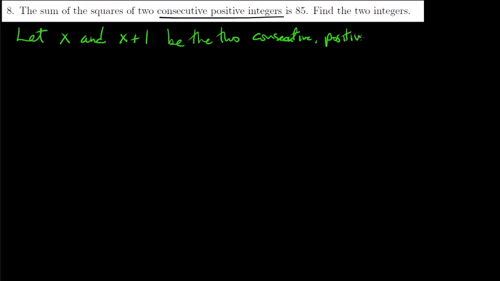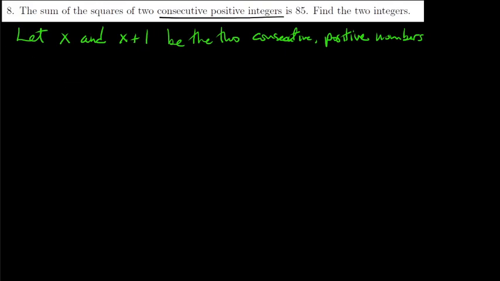If we get a negative number, we can cross it out. Integers just means that they're whole numbers. So if we get a fraction, like 2/3 or 1/2, we can cross that out as well. So we have to find x, and once we know x, we just add 1 to get the next whole number. These are the numbers we're looking for.